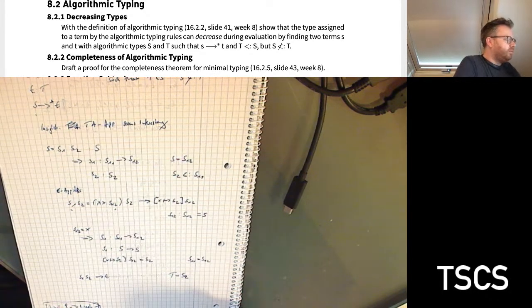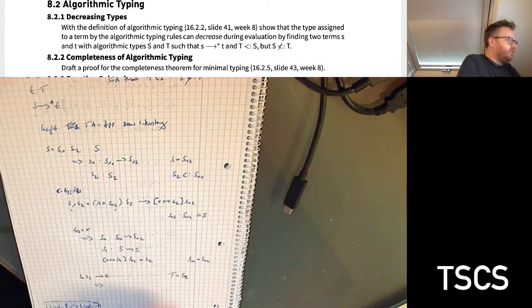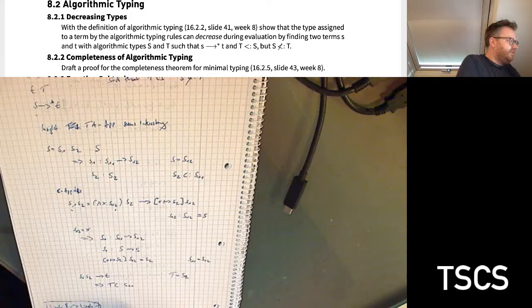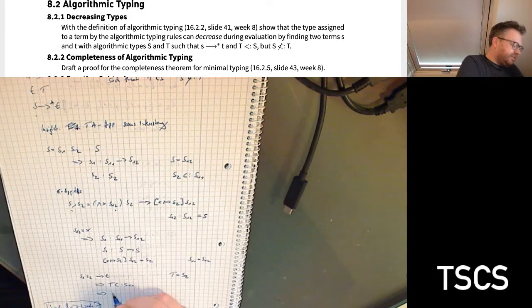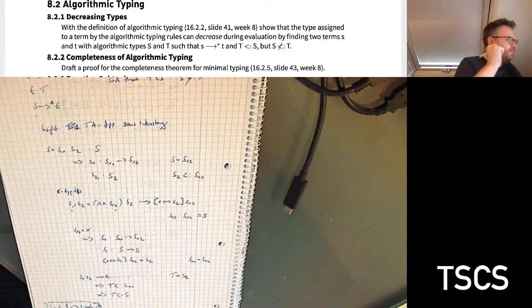And from this it follows that T is a subtype of T11, and we know S11. And from this it follows that T must be a subtype of S.